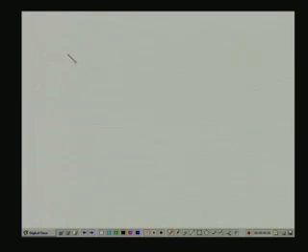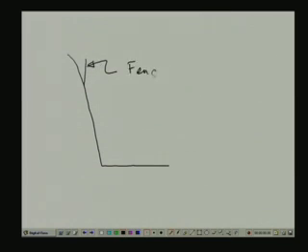Let's say we have got a cut slope overlooking a highway oriented in this manner, so we could have a fence. So this one is a fence.